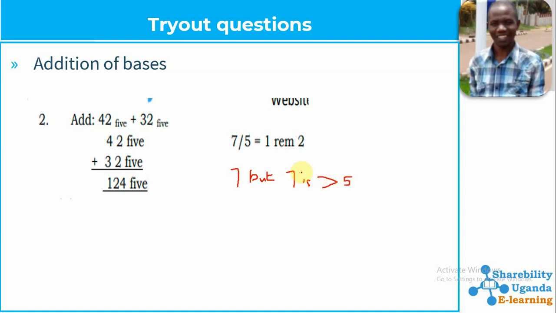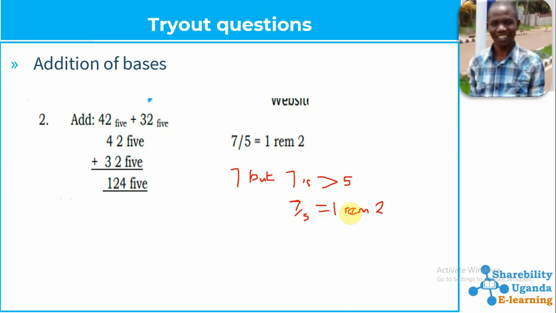So when you get an answer which is greater than the base, we divide that answer by the base. So when we divide 7 by 5, we come up with 1 remainder 2.